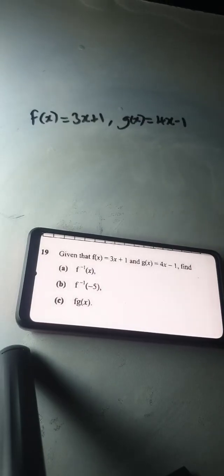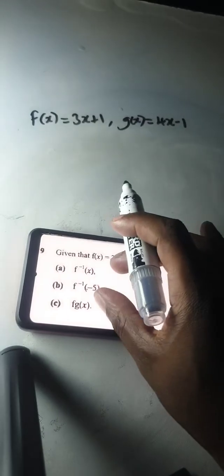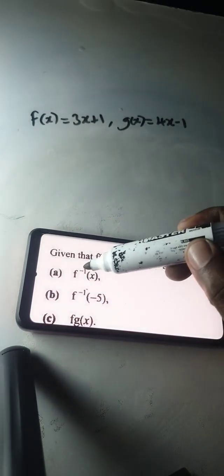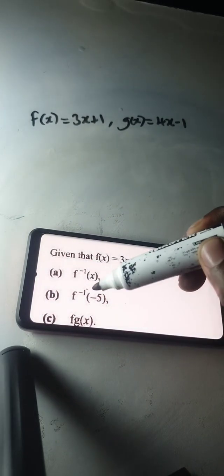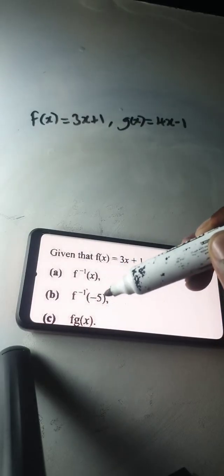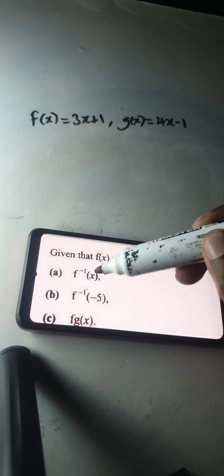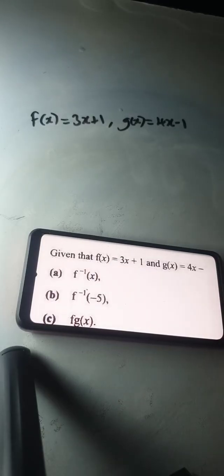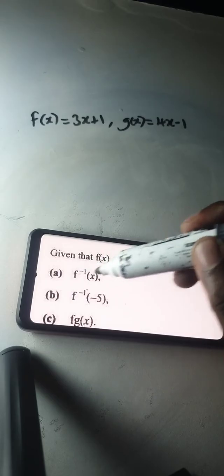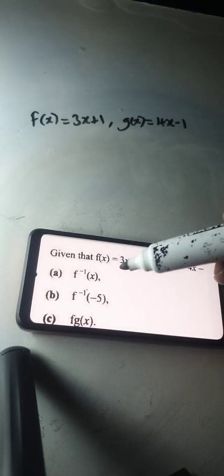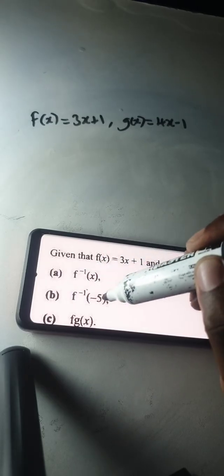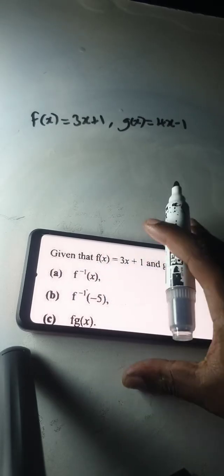So the first thing they're asking us to find is the inverse. After we find the inverse, we replace where there is x with -5. So the answer for A, we are going to replace where there is x with -5. Now for B, let's do this.